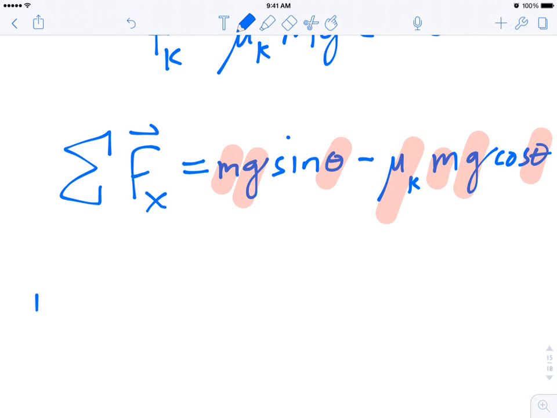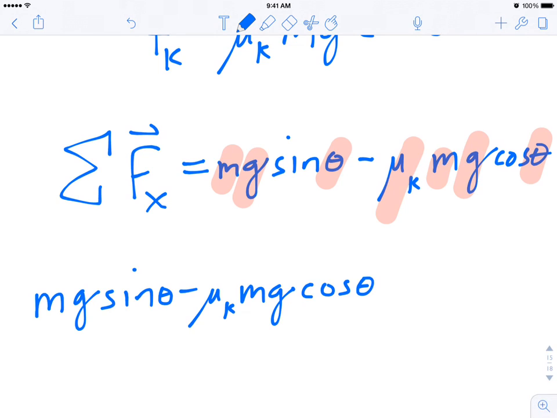Now, without plugging numbers in yet, however, I'm going to set mg sine theta minus mu k mg cosine theta, the sum of my forces, equal to the mass of the object times the actual acceleration of the object. And a nice thing happens here algebraically.